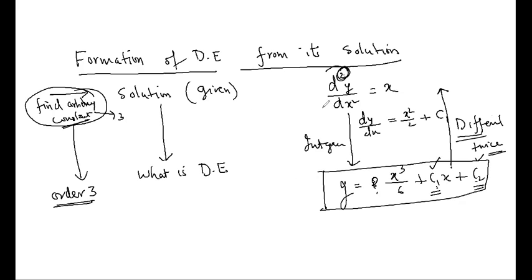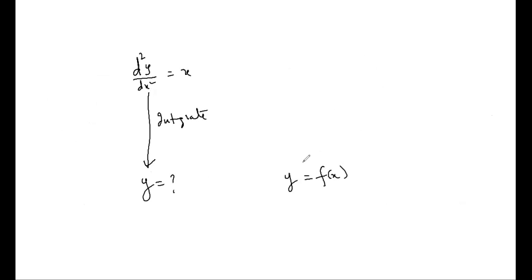So once again, I'm explaining to you. If I am given a differential equation, to find the solution, to find y, you have to integrate. If we are given a solution, to find the differential equation, you have to differentiate.